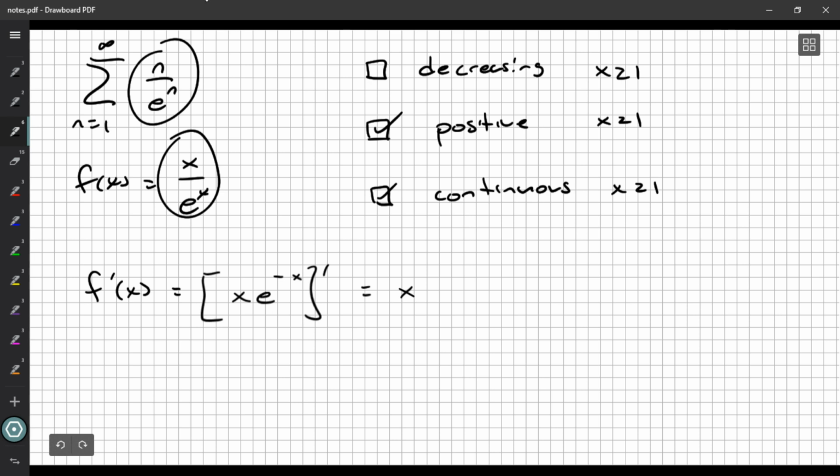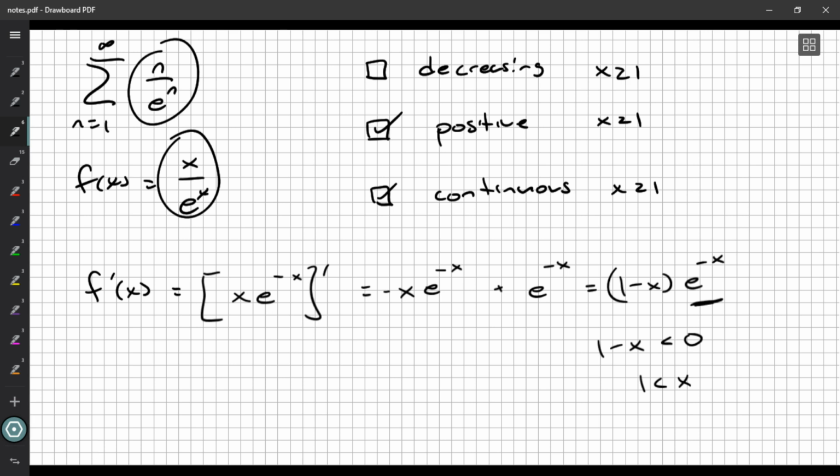So you'll have x, and then the minus sign comes down, plus e to the minus x, so that's going to be 1 minus x times e to the minus x. So e to the minus x is always positive, so this is negative when 1 minus x is negative, and that happens for values of x that are greater than 1.